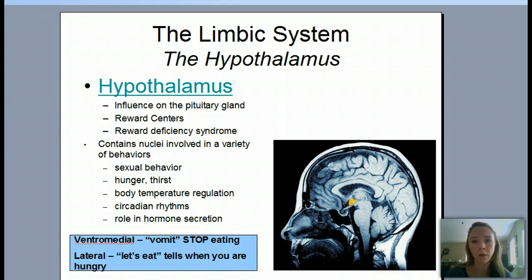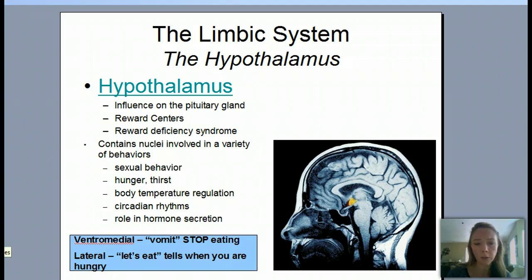The ventral medial part would be in control of that. The other part, the lateral hypothalamus, tells you let's eat. Ventral, vomit, stop. Lateral, let's eat. So this is the part that says you need to eat, we need food. And then the ventral medial would come in and say you are full now, you can stop eating. Those are two parts of the hypothalamus that you'll be responsible for knowing, as well as knowing all these different things that the hypothalamus is in control of.